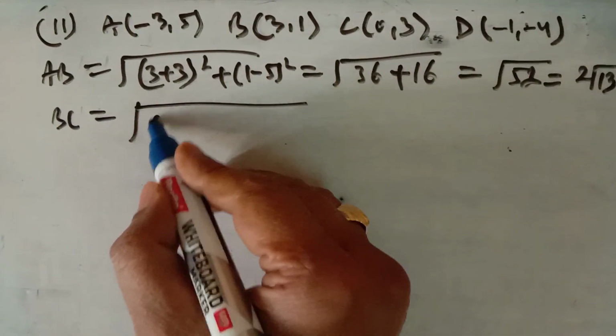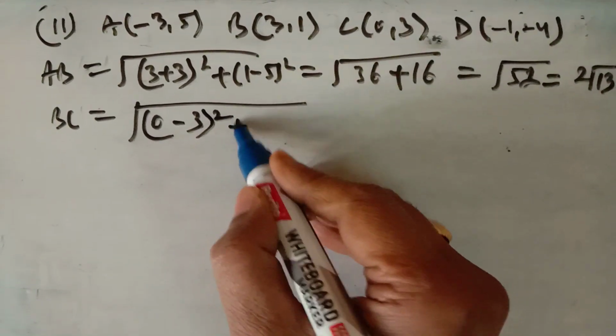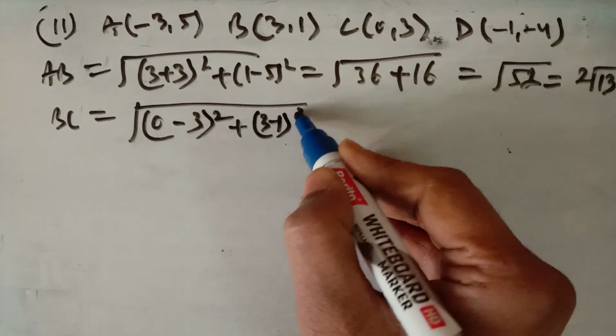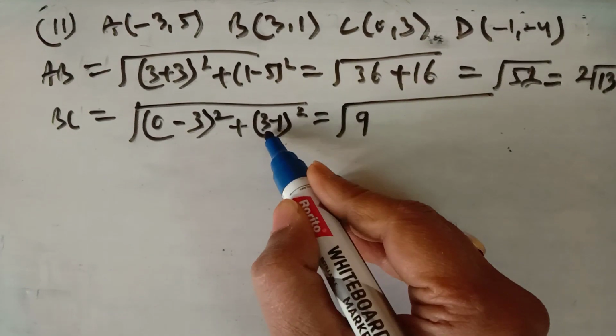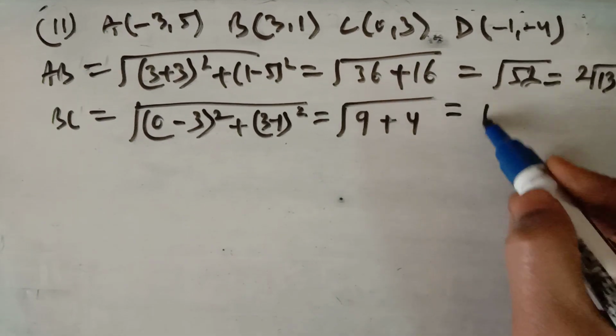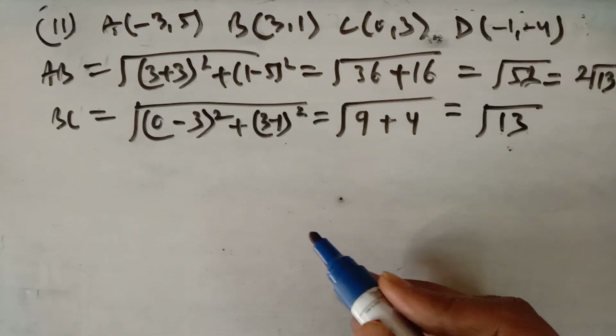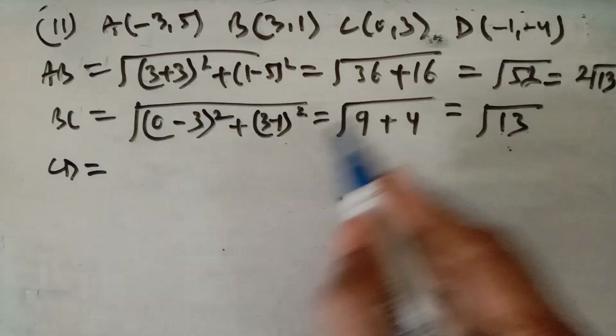Length of BC is (x2 minus x1) whole square plus (y2 minus y1) whole square, which is coming out to be -3 square is 9 and 2 square is 4. So it is coming out to be root 13. Now find the length of CD.